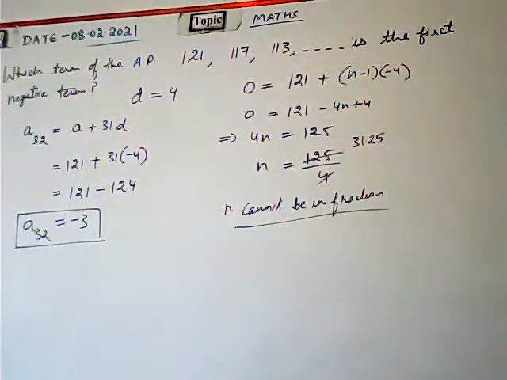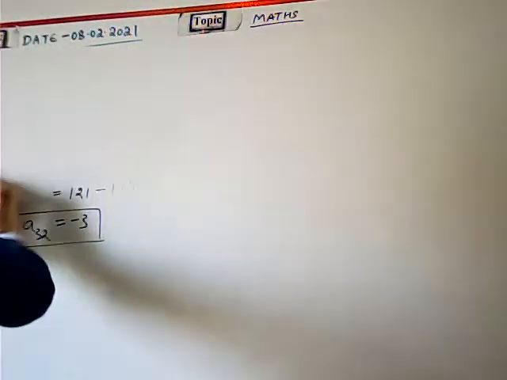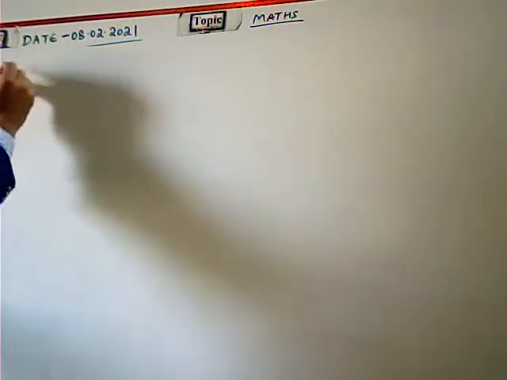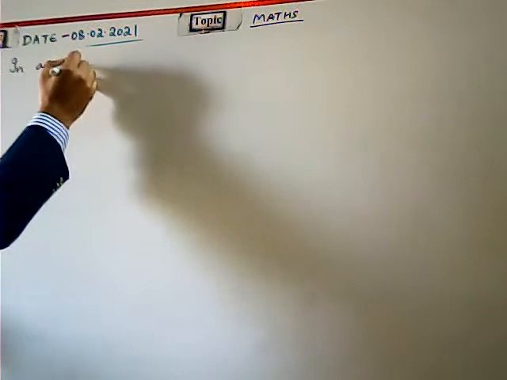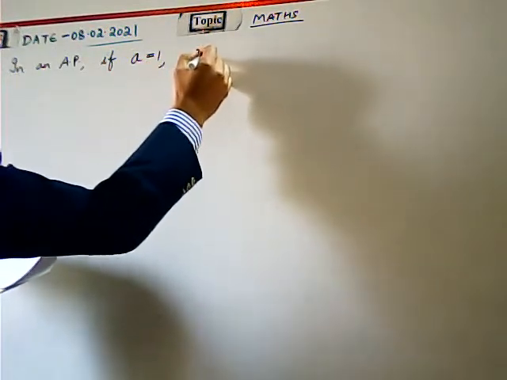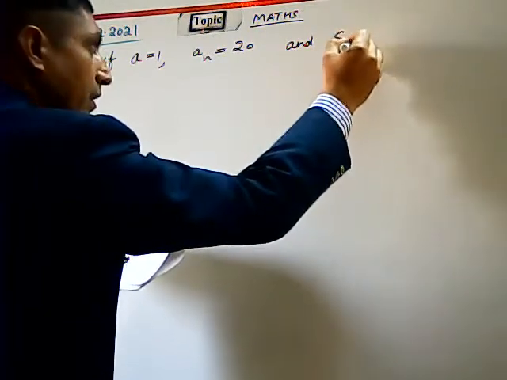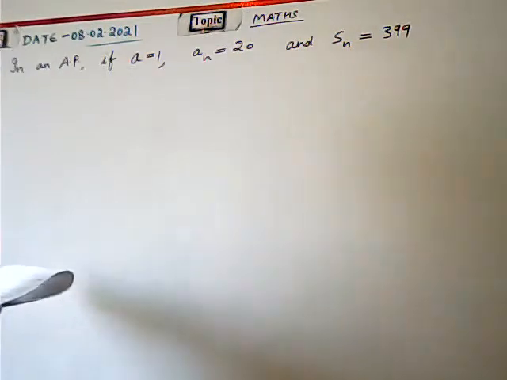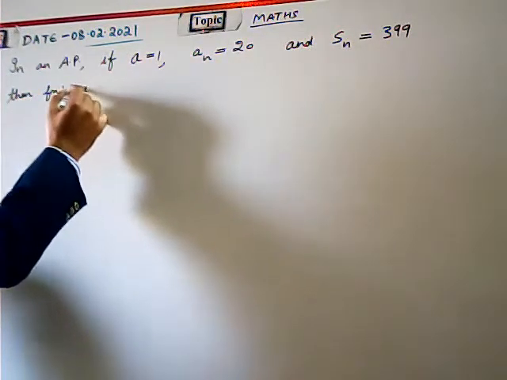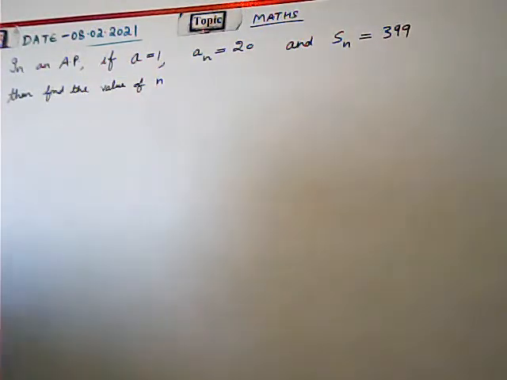So next one, we have the question. In an AP, if a is equal to 1, an is equal to 20, and Sn is equal to 399, then find the value of n.